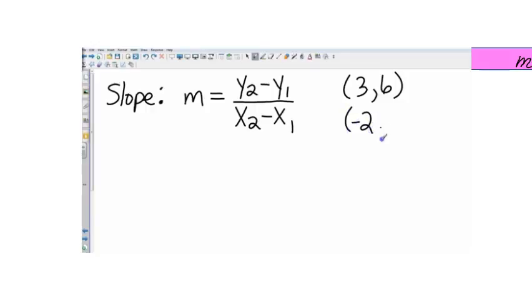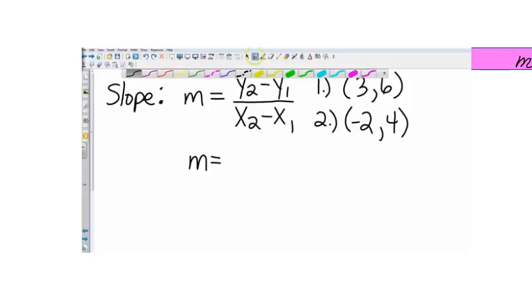To use this, we're going to need a couple of coordinates. So I just randomly picked two coordinates. You need to identify which one you want to be your first coordinate and which one you want to be your second coordinate. I promise you, it doesn't matter. I picked the first one. You could pick the first one being negative 2, 4. It will come out the same in the end, I promise. So let's substitute in the y value of my second point.